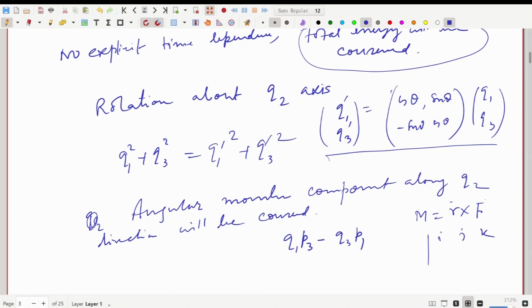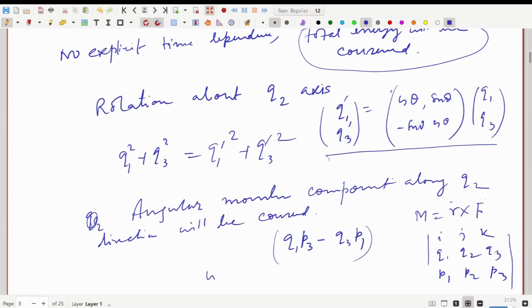So r is like your q1, q2 and q3, and the corresponding momenta are p1, p2, p3. The j component, that is the q2 component, will be q3 p1 minus q1 p3. So this quantity, or minus of this, will be conserved.